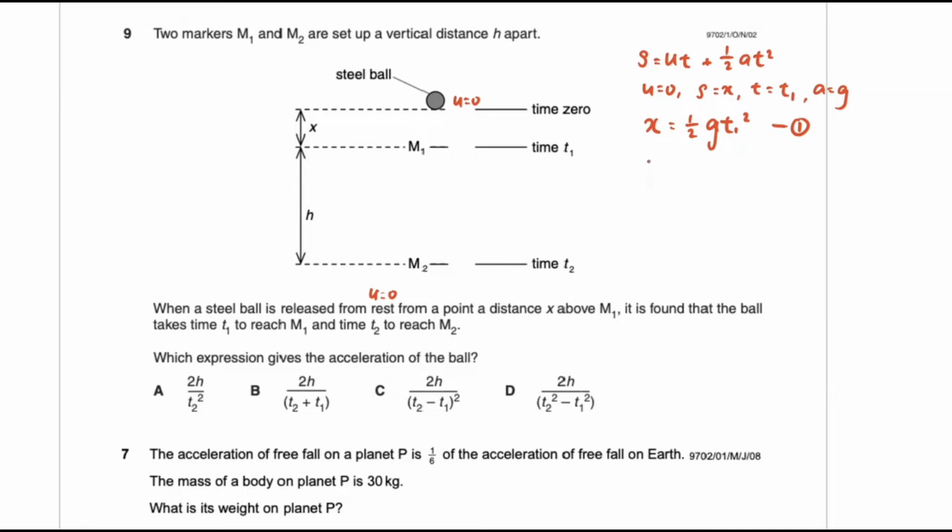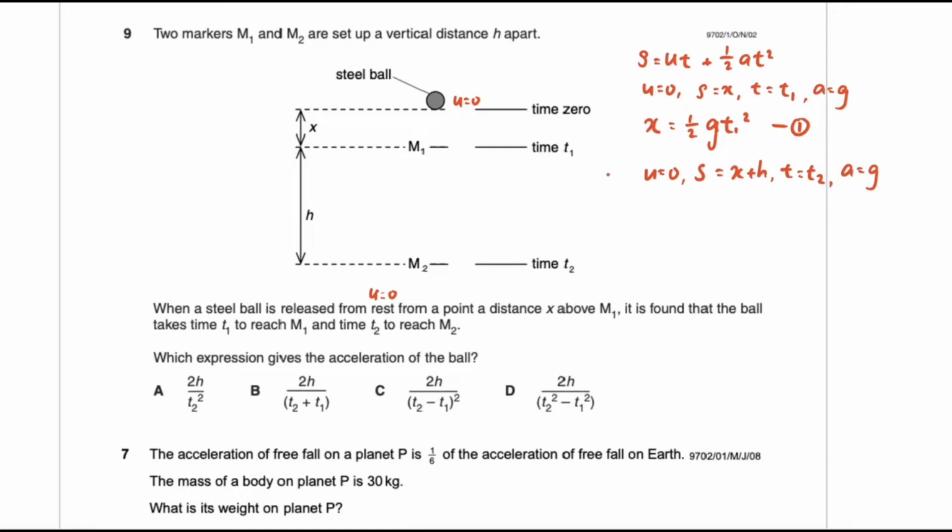Now I'm going to set up another equation. I use u equals 0. Now my displacement, I let it be x plus h, all the way from the starting point until here. So in that case, the time is going to be t2.